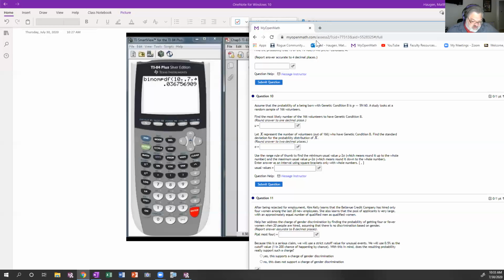Find the standard deviation for the probability distribution. They're expressing that in a fancy way, but that is just our standard deviation from yesterday. Use the range rule of thumb to find the minimum usual value. That's our 2 standard deviations, rounded to a whole number because we're talking about people. And the maximum within 2 standard deviations, again, round to a whole number because it's people.